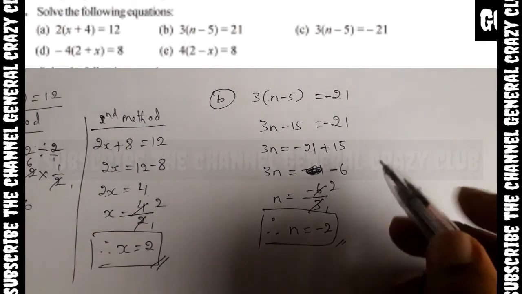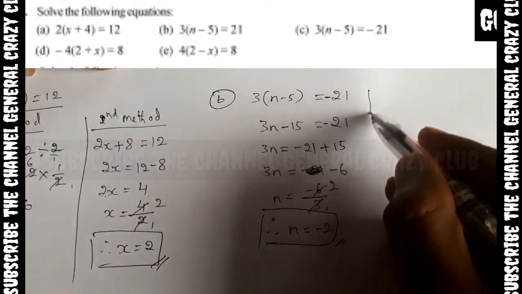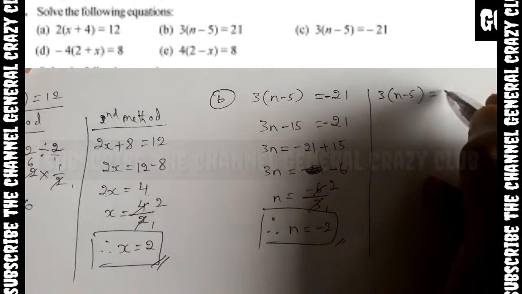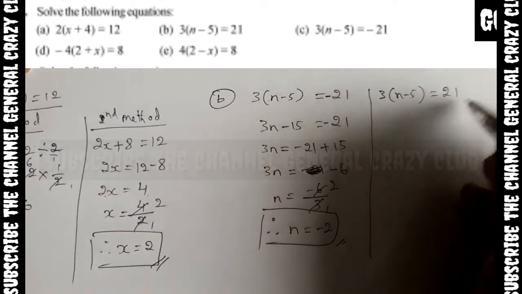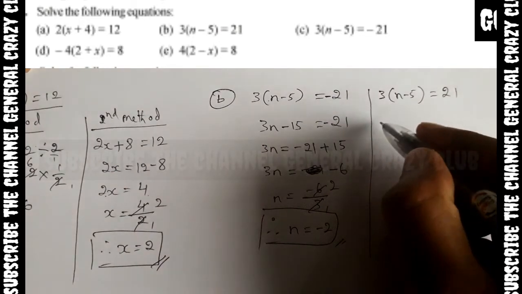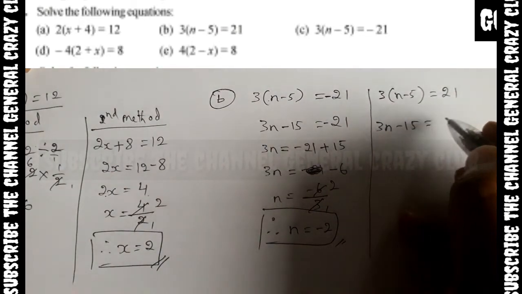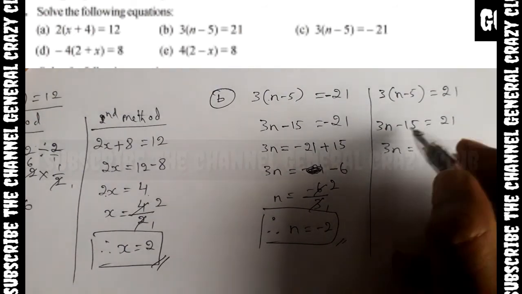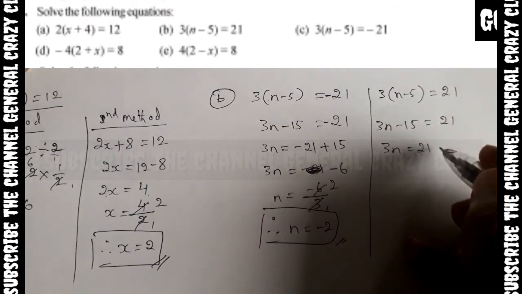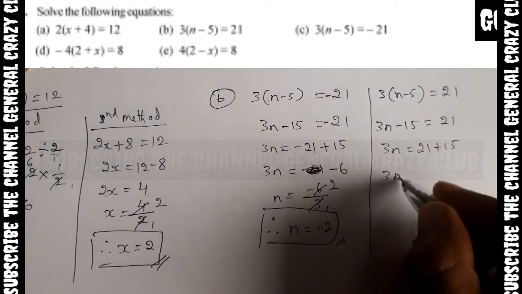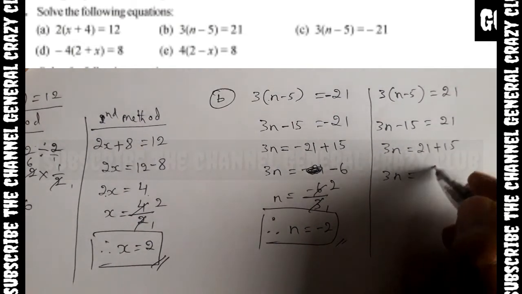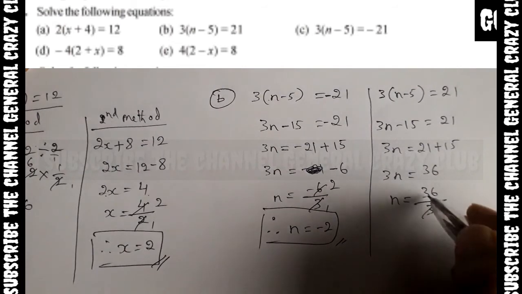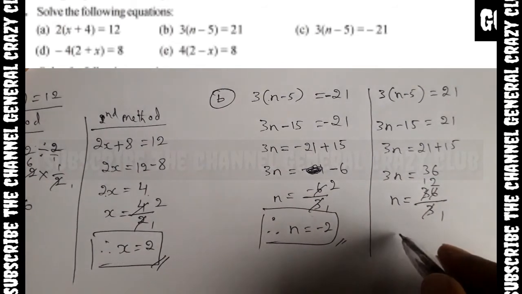Here look at the same equation. I am solving here, changing the sign. 3n minus 5 equal to, here instead I have taken plus 21, same equation. 3n minus 15 is equal to 21. 3n as it is, minus 15 to plus 15, 21 plus 15, 36. n is equal to 36 divided by 3. 3 twelves are 36. n is equal to 12.